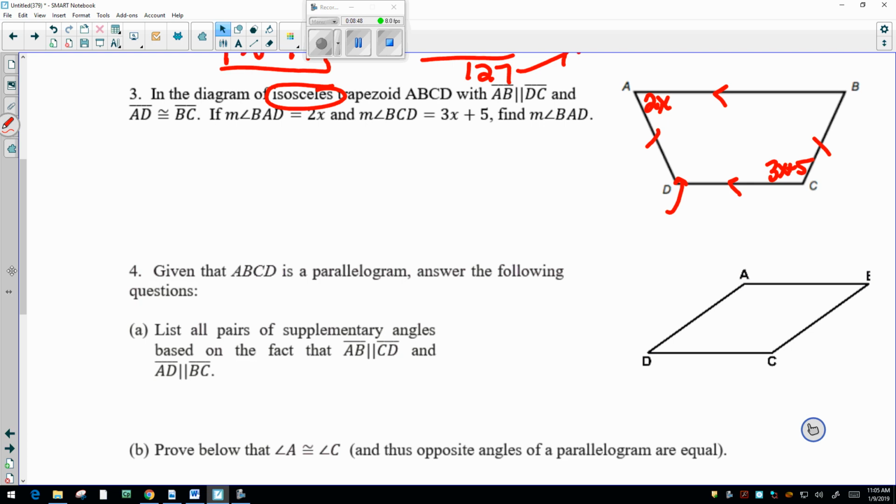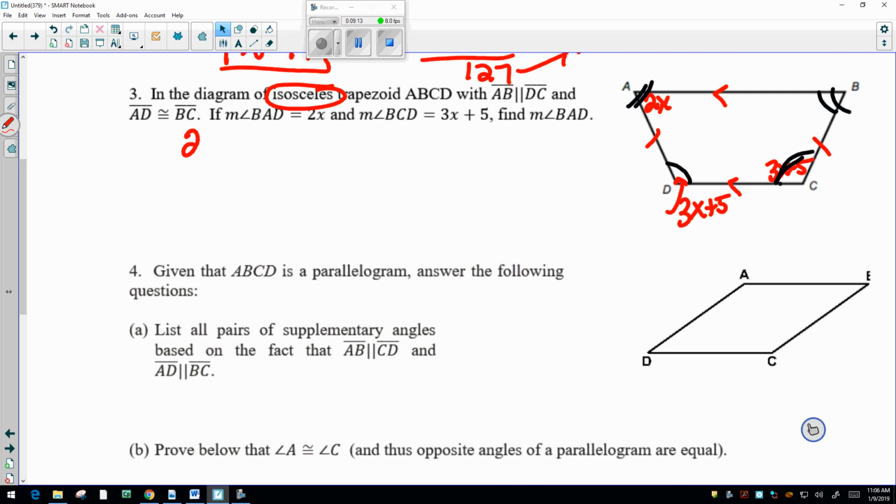Okay, so because it's an isosceles trapezoid, we said from the front, our base angles would be equal, both sets of base angles. So here's a set of base angles, and then A and B are base angles. So if that's the case and I'm looking for D, well then that means D also has to be represented as 3x plus 5. And now we're right back to where we were on the other two problems.